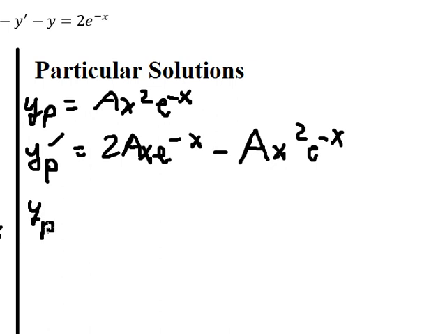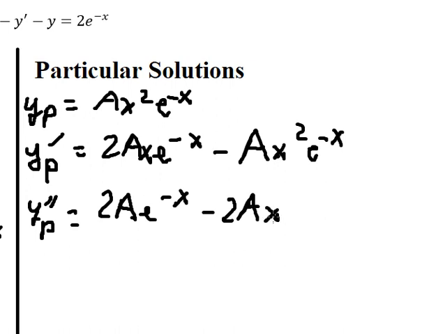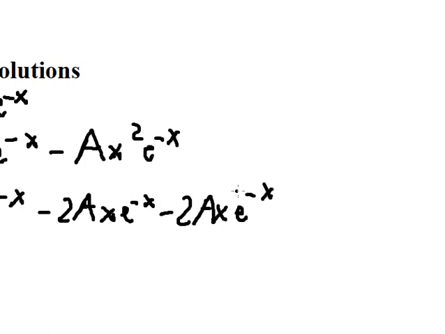We go to the second derivative of yb, and that is 2a e to the power of negative s, and the next one we have negative 2as e to the power of negative s. This one we have negative 2as e to the power of negative s, and the next one is positive a s squared e to the power of negative s.